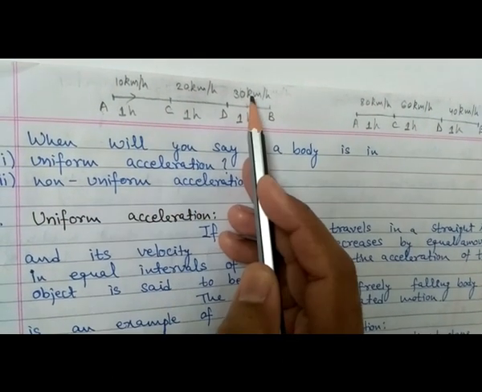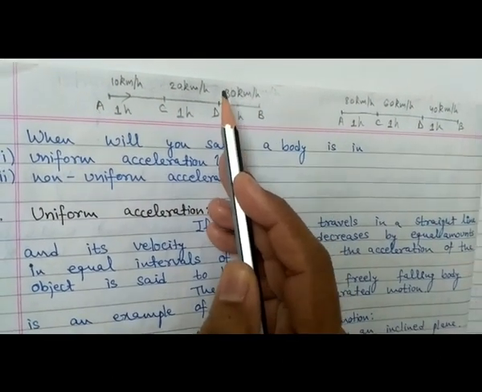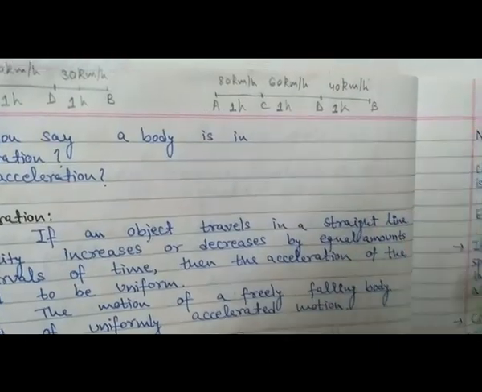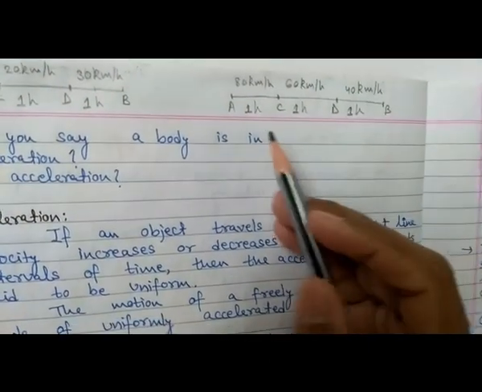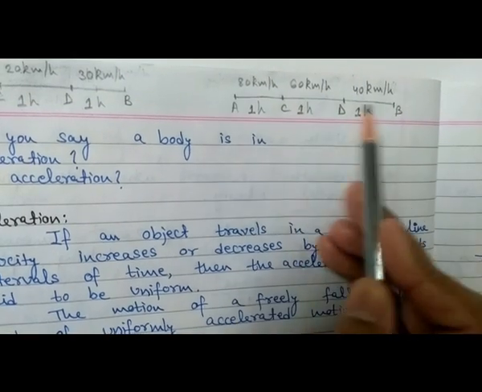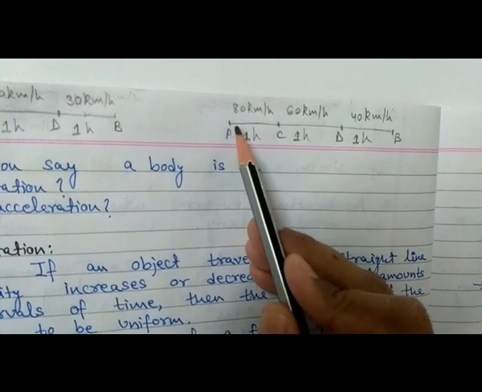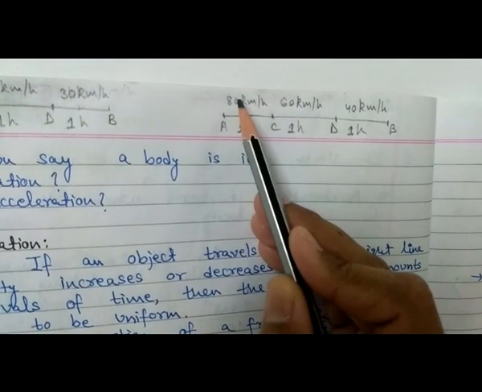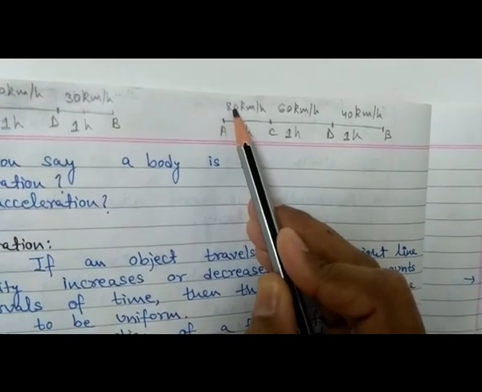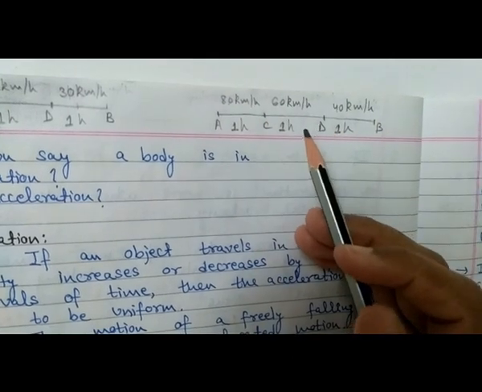It is increasing uniformly. Now, let's consider this another example here. While going from A to C, the car was having a velocity of 80 km per hour.